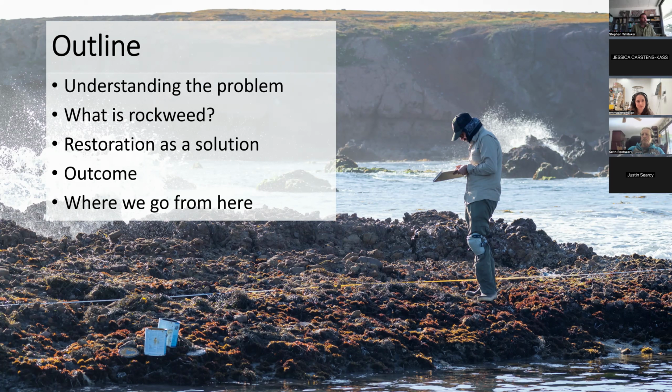I'll give a pretty lengthy explanation as to what the study organism is, what is rockweed, why is rockweed important, and then talk about what we came up with as a solution for the problem that rockweed is encountering, and then provide some results from the study and then some recommendations for future restoration efforts.